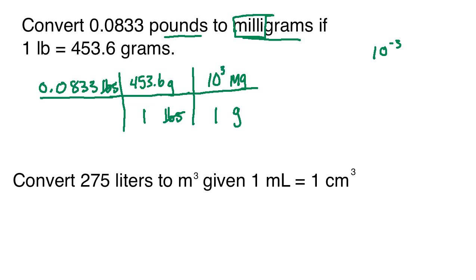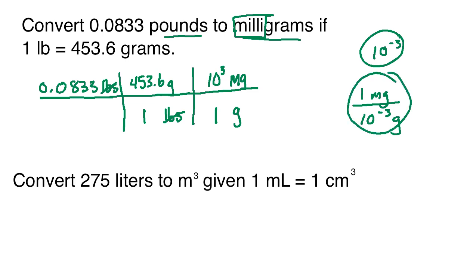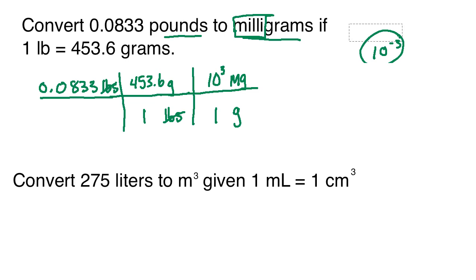All right? Now, with 10 to the minus 3 over here, keep in mind that this is saying that 1 milligram is going to be 10 to the minus 3 grams. If you take a look at this, 1 over 10 to the minus 3 is the same thing as 10 to the third, right? So if I'm flipping them back and forth, you can utilize 10 to the third as long as you put it up in the numerator in this case.